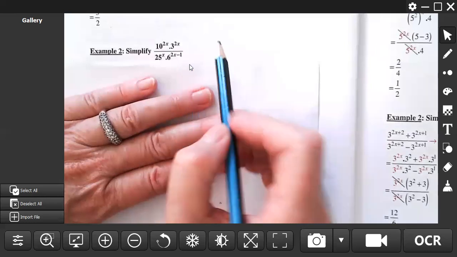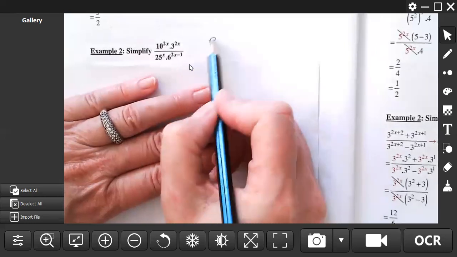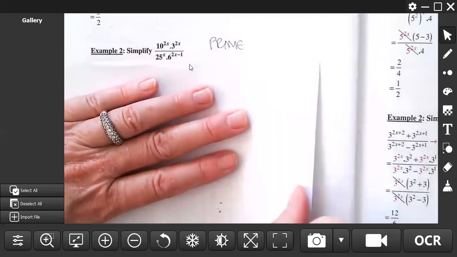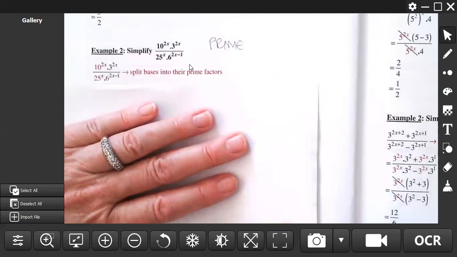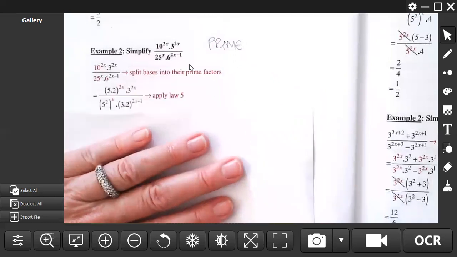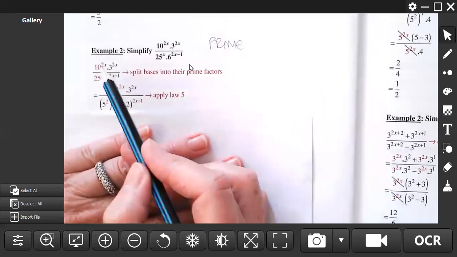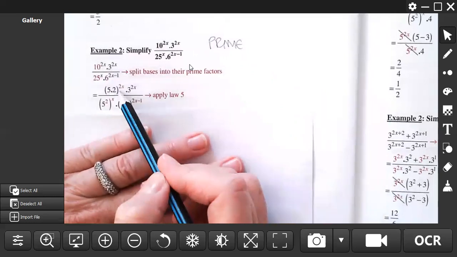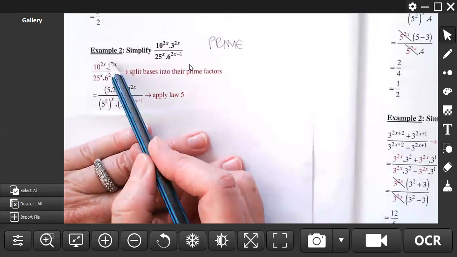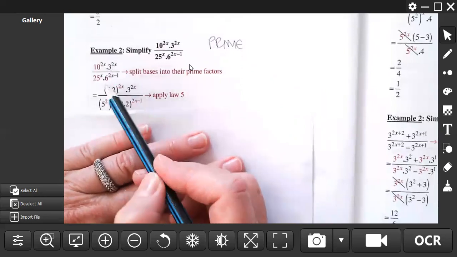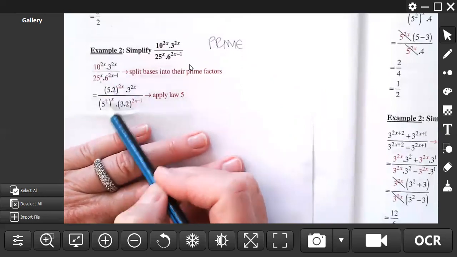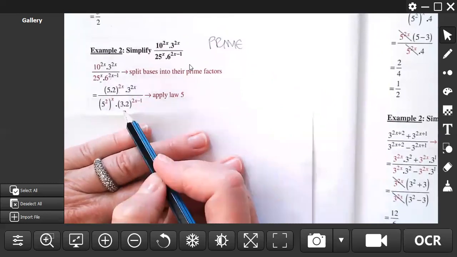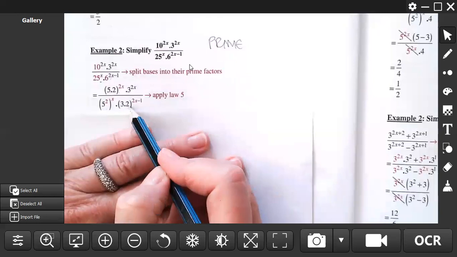Again, magic word prime. Prime numbers first. That's what you always do first. So here I've got 10. The prime factors of 10 are 5 times 2. The 3 is already a prime number. 25 is 5 squared. And 6's prime factors are 3 times 2.